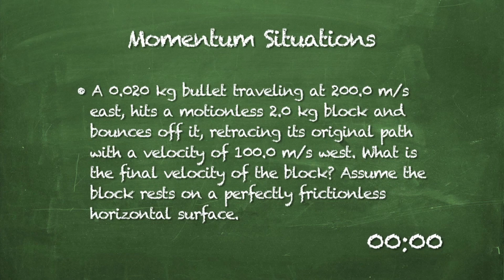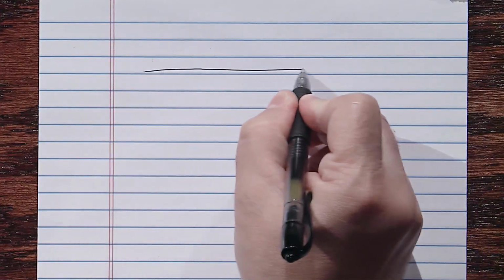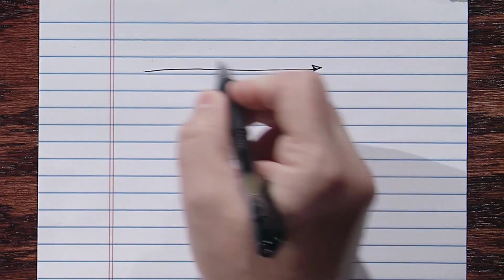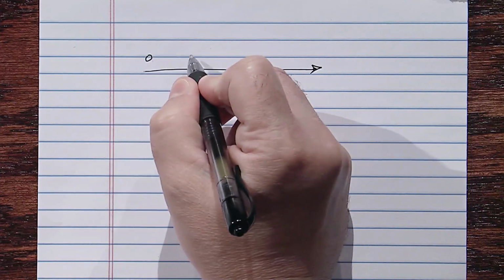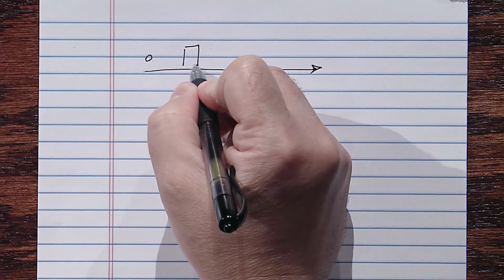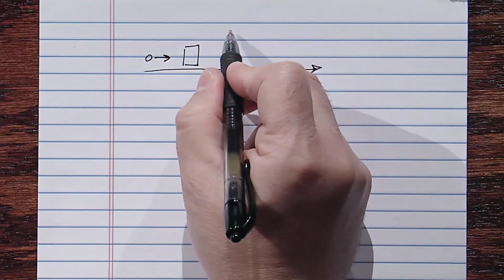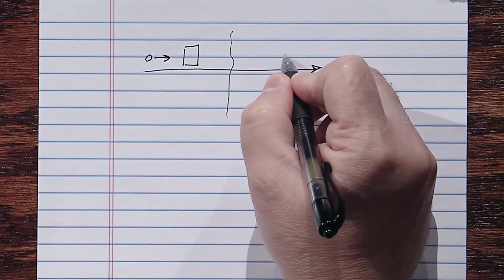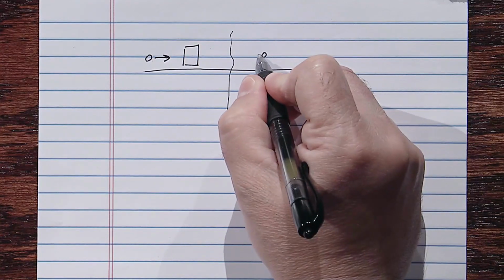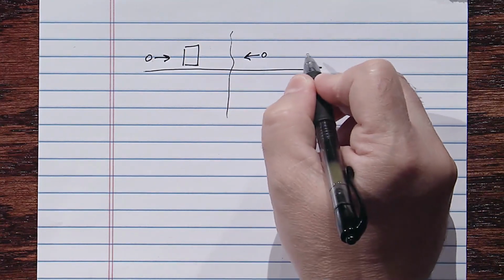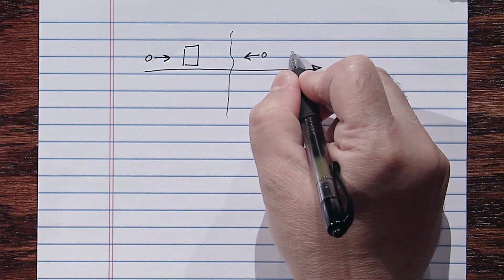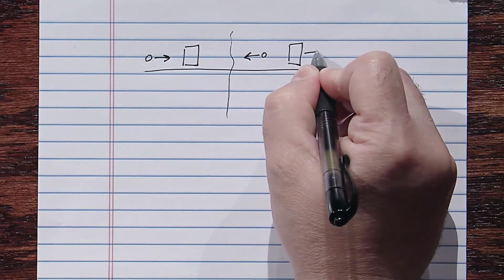Okay, we'll draw out the situation. Here's our bullet, and here's our block. The bullet is moving, the block is still. And afterwards, the bullet is moving back the way it came, and the block is moving.